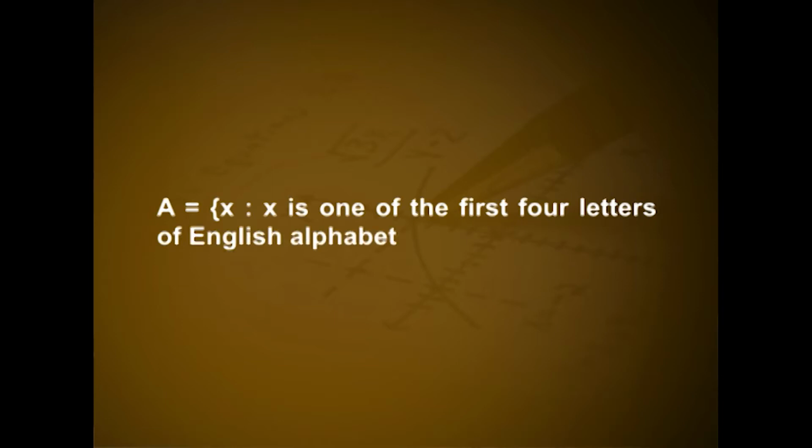The set A equals {a, b, c, d} can be represented in the rule method as A equals the set of all x such that x is one of the first 4 letters of the English alphabet. Usually, the roster method will be convenient to represent a set with few elements and the rule method to represent a set with a large number of elements.